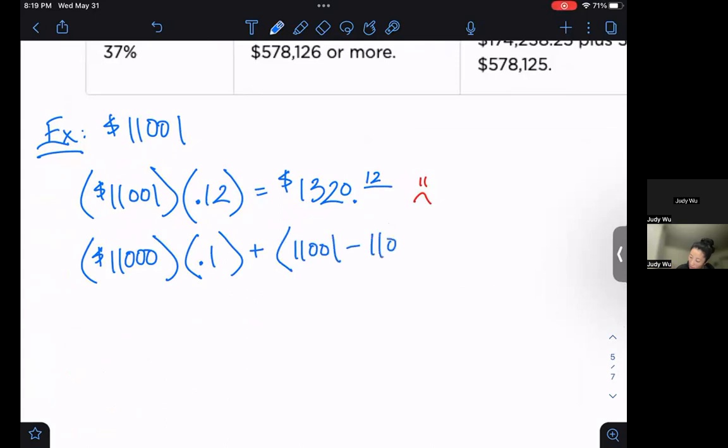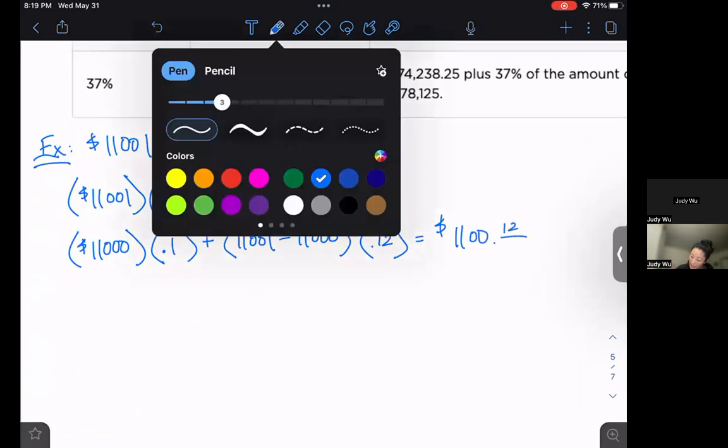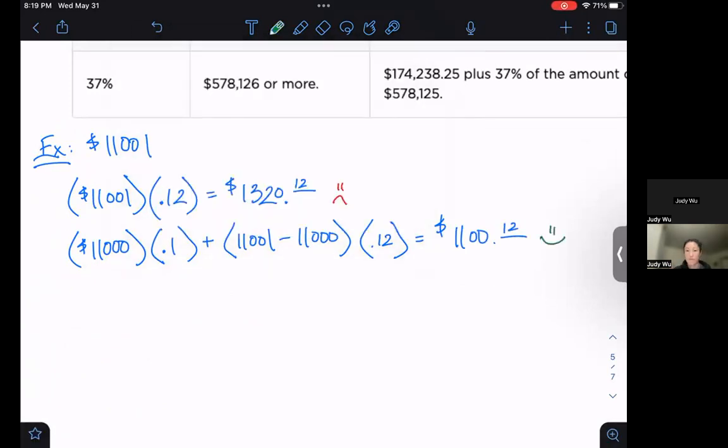So whatever that is, in this case, it's just the extra dollar times 0.12. And when I plug that into the calculator, I end up with $1,100.12. And this amount is correct, right? So my mistake was I thought I had to pay 12% on everything, meaning it was almost $200 more. But it turns out it's 10% for the first bucket and then 12% for the second bucket, okay?